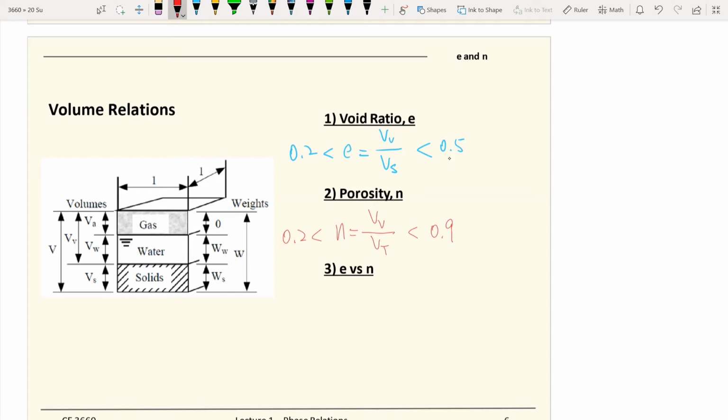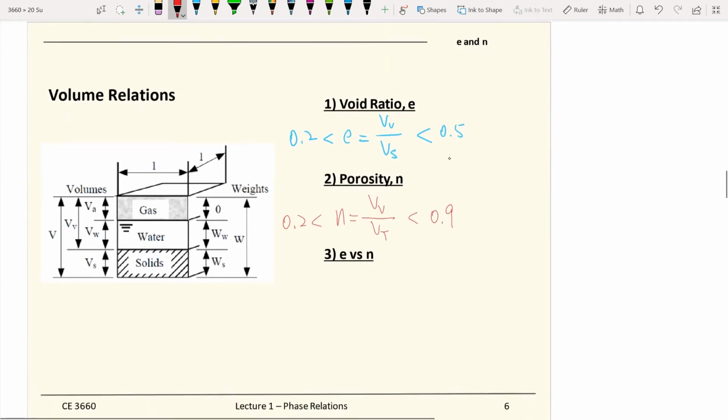But in fact, both the void ratio and the porosity are related to each other. So we can prove the relationship between the void ratio and porosity. Start with the void ratio. The definition of it, one more time, is the volume of void divided by the volume of solid.